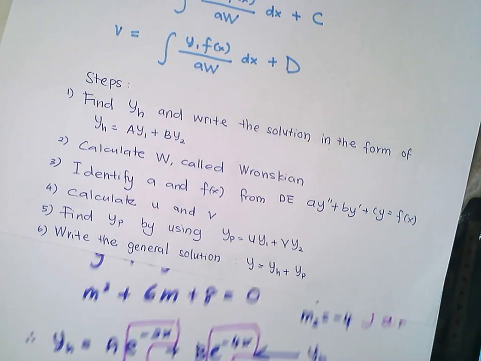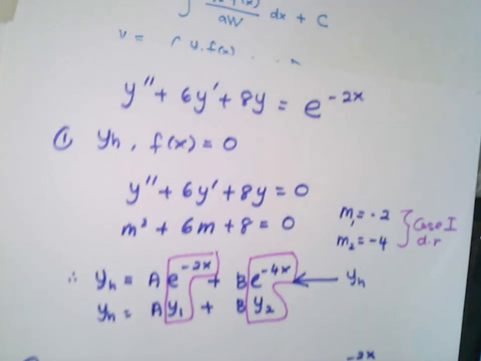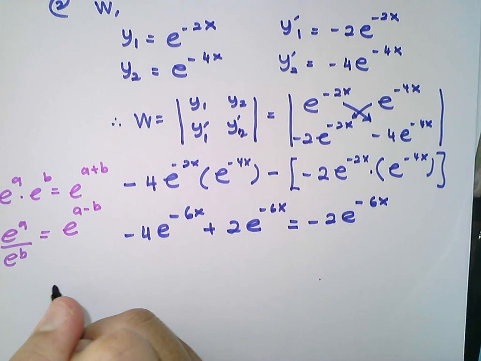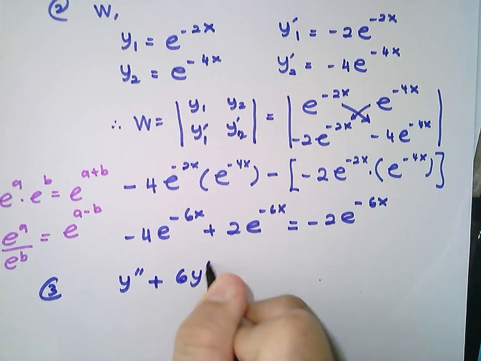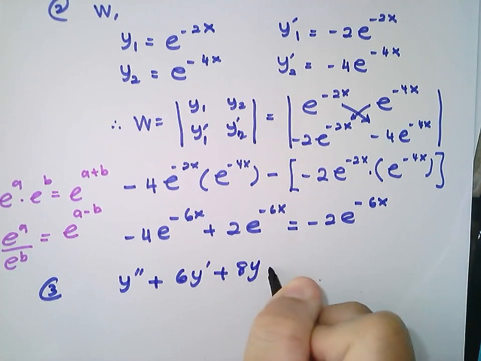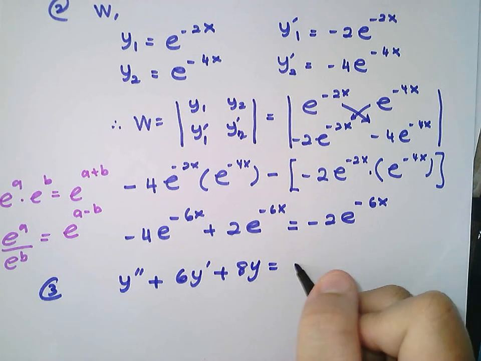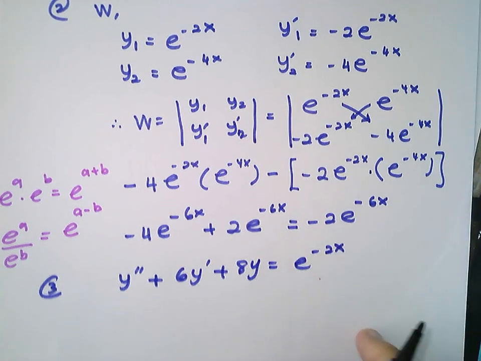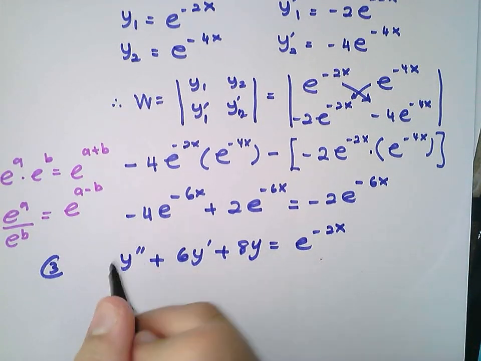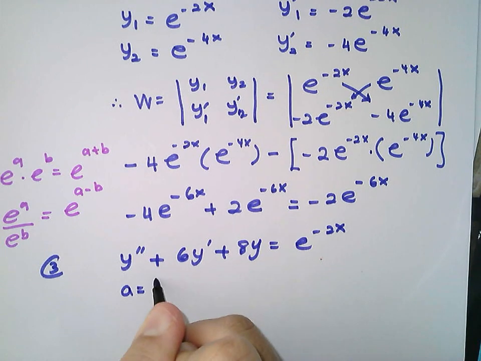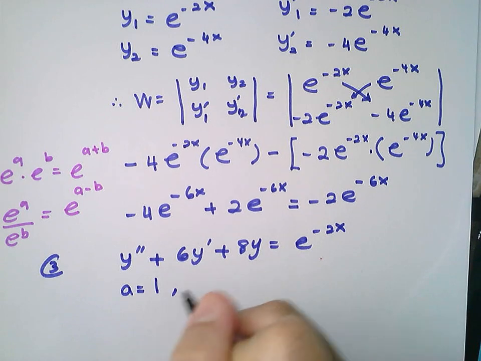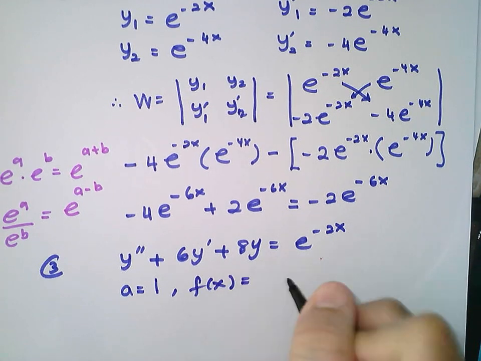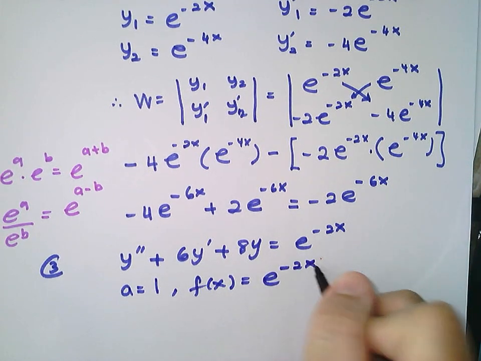The differential equation given to you is y double prime plus 6y prime plus 8y is equal to exponent negative 2x. So you know your a is equal to 1, the coefficient of y double prime, and your f(x) is equal to exponent negative 2x.